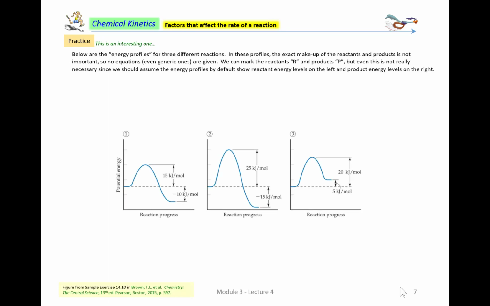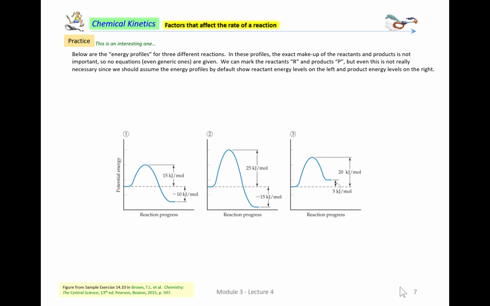Let's try another question. And as I say here, this is an interesting one. So below are the energy diagrams, or what are sometimes called energy profiles, for 3 different reactions. Now in these profiles, the exact makeup of the reactants and products is not important.